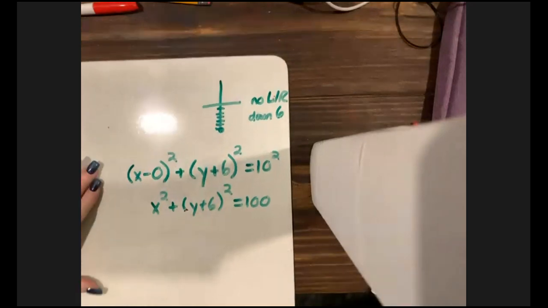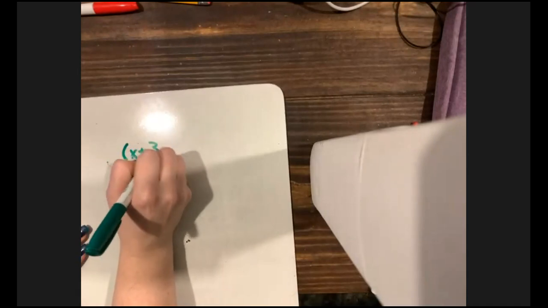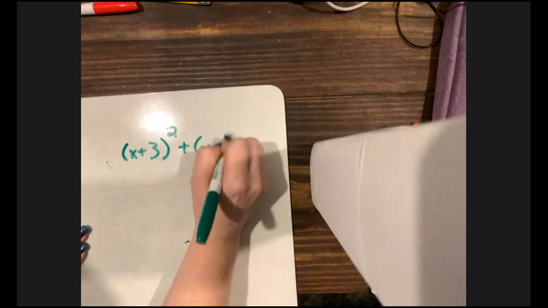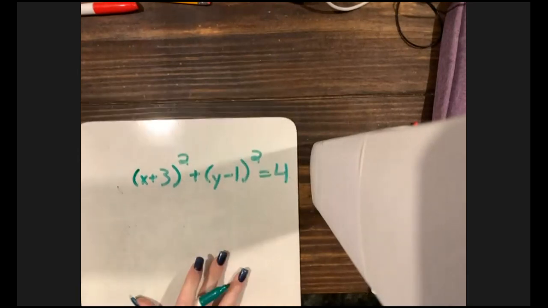Now, next one. So this is the equation that they give us. They want us to figure out where its center is, figure out what its radius is, and I'm going to go ahead and show you how to graph these as well.